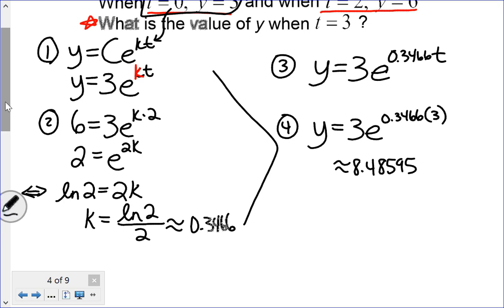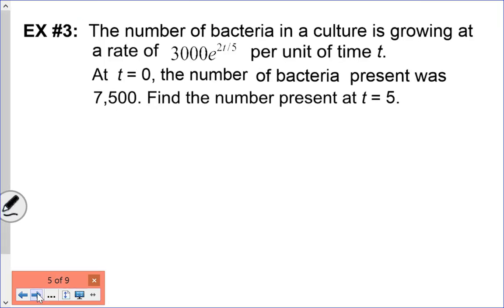The next example is about bacteria growing at a rate of 3,000 e to the 2t over 5 per unit of time t. At t equals 0, the number of bacteria present was 7,500, so there's your initial condition. Find the number present when t is 5.